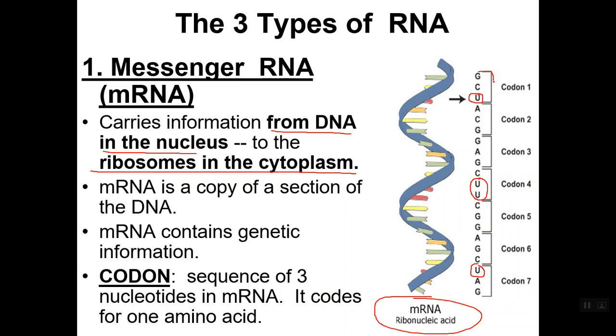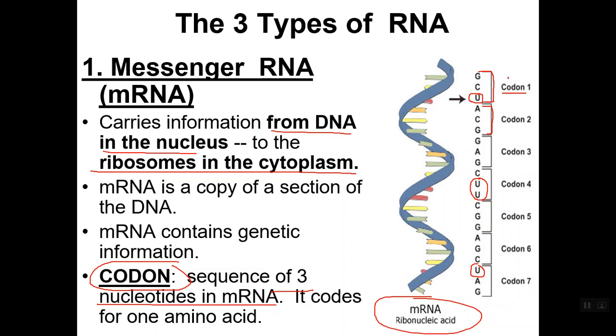And if you read them in groups of 3, almost like you would read words in a paragraph, right? If you think of these letters as letters and these sets of 3 as words, these are called codons. And you do need to know what a codon is. It's a sequence of 3 nucleotides in a messenger RNA strand.